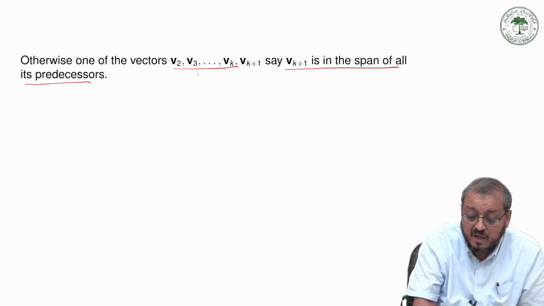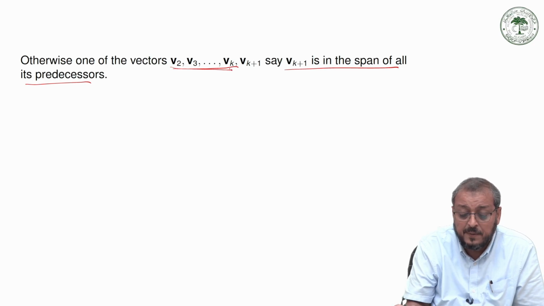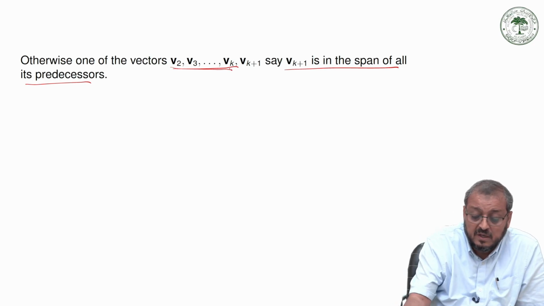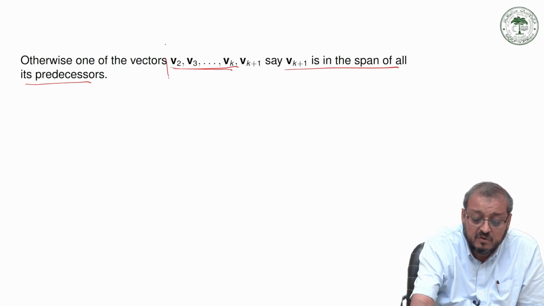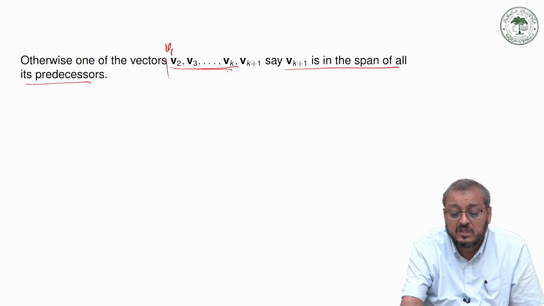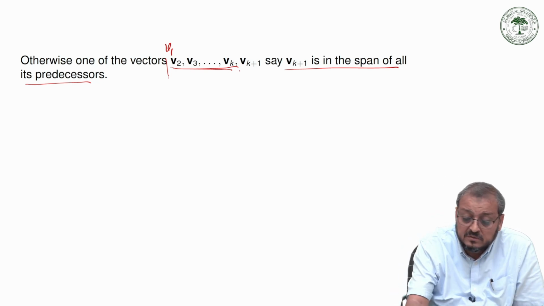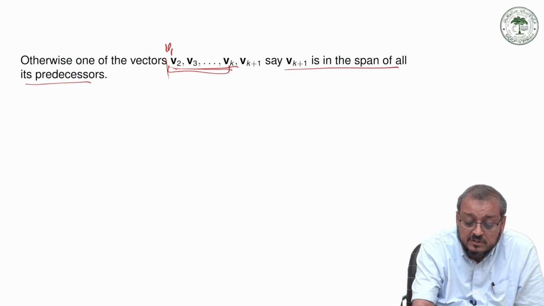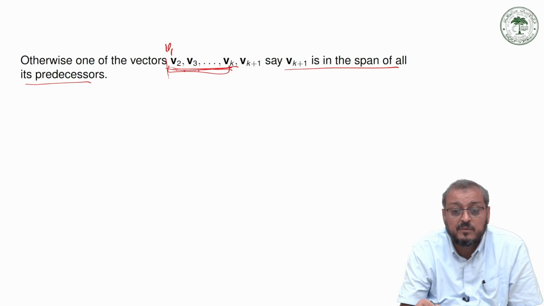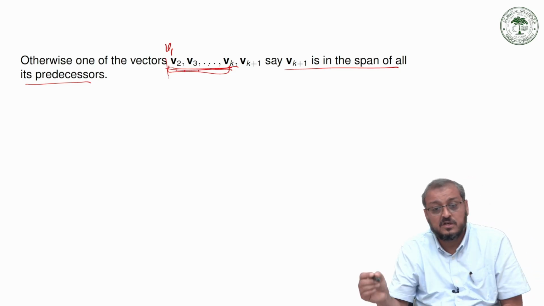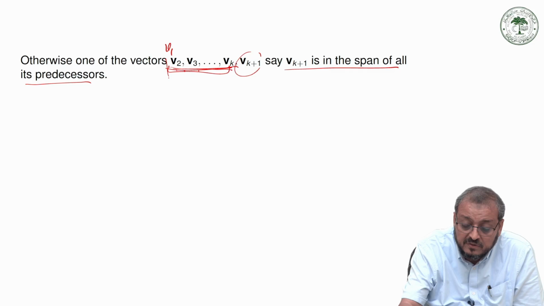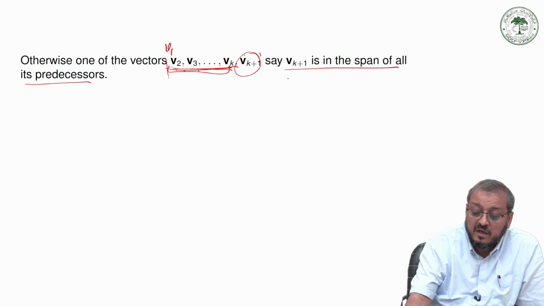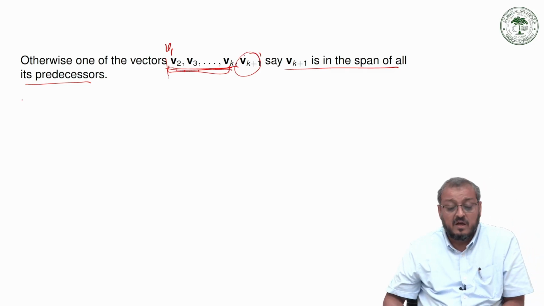The preceding elements v1, v2, v3, ..., vk cannot do this, because these vectors are linearly independent, and the scalars would clearly be 0. So the only possibility is this vk, so vk is in the span of its preceding elements.